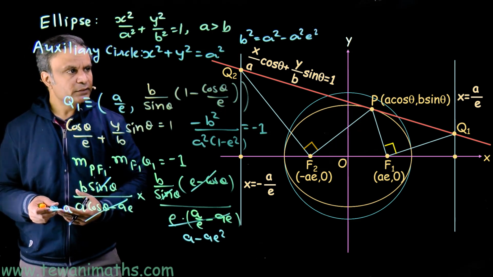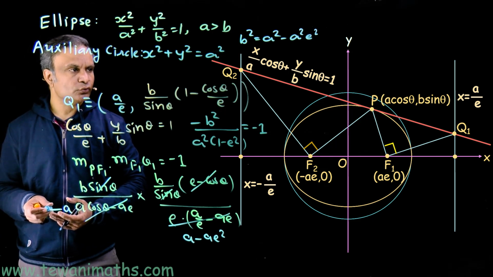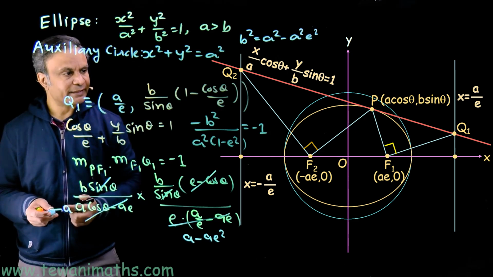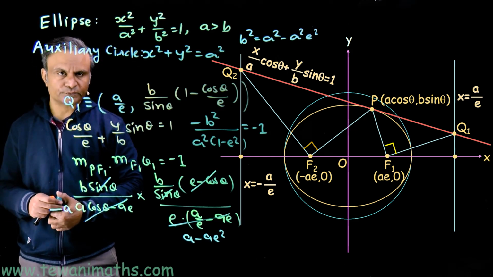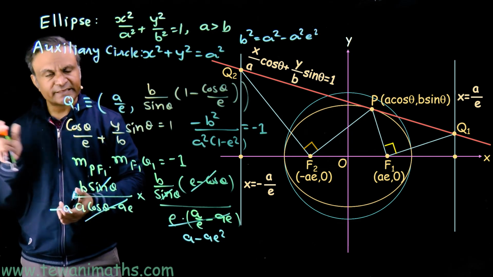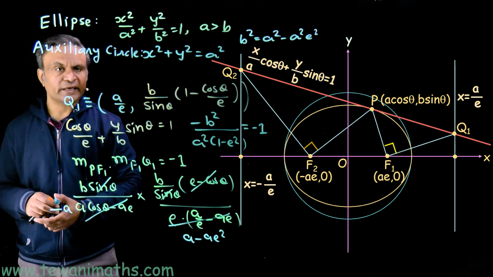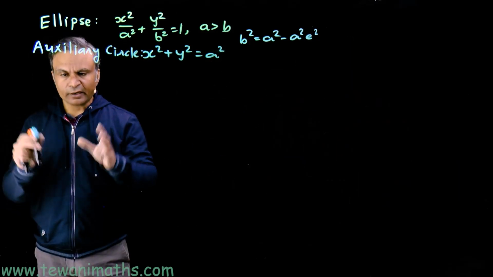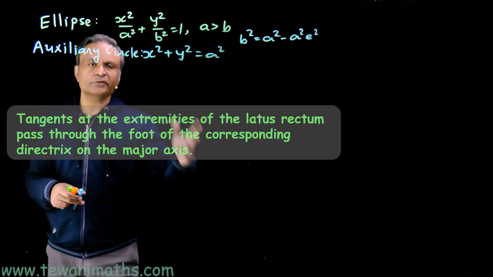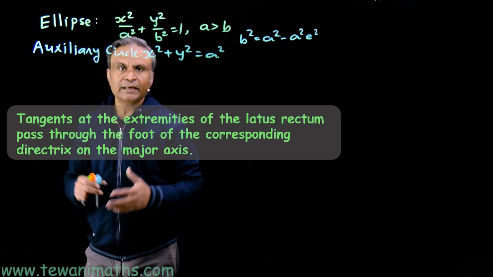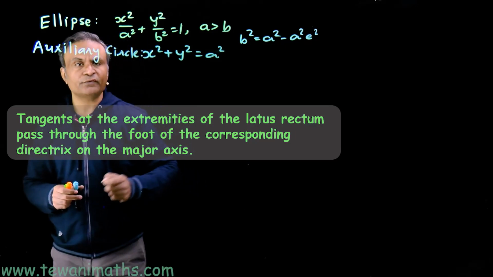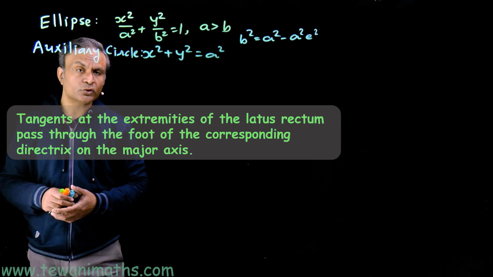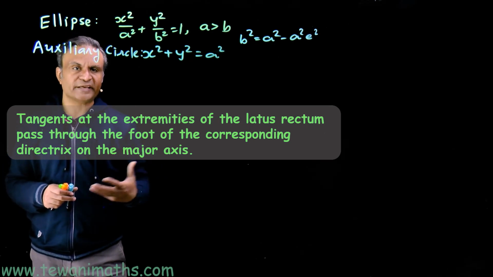Similarly, we can prove that length PQ2 subtends a right angle at focus F2. We had the same property in the parabola and we will have the same property in the hyperbola also. Okay, now we have this common property for all the conic sections. The property is: tangents at the extremities of the latus rectum pass through the foot of the directrix on the major axis.